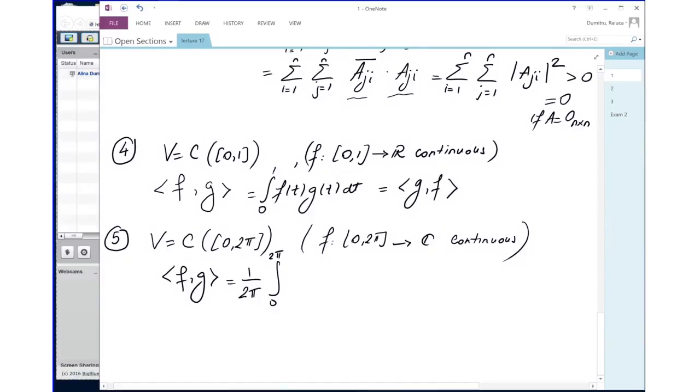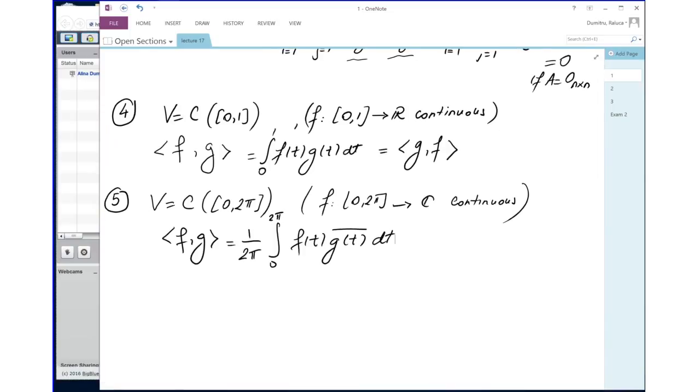This 2 pi here seems to be unimportant, and theoretically it is, until we get to a certain point where inner products will have to satisfy certain properties, and this example will do it with 1 over 2 pi as it is. So f of t times g of t conjugate, integral from 0 to 2 pi.